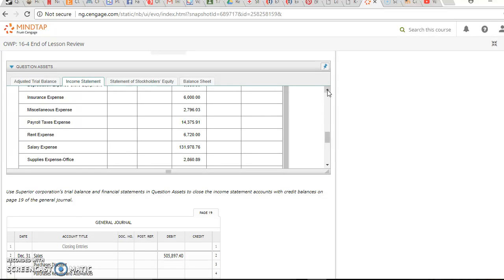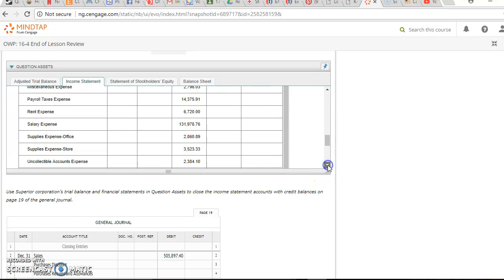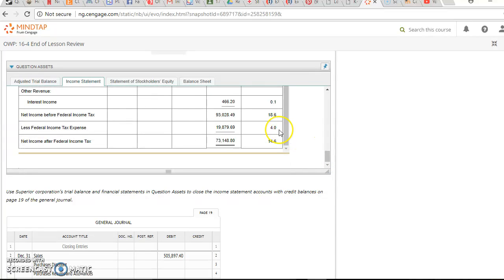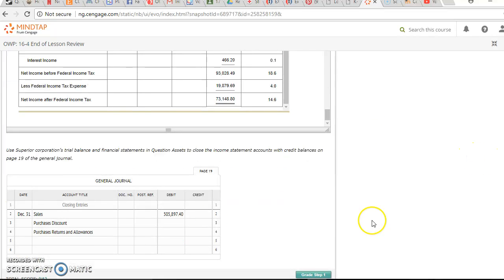The other one that we have to look for is interest income, also a temporary account. It has a credit balance, so we're going to have to debit that. I didn't put the other ones in here yet.